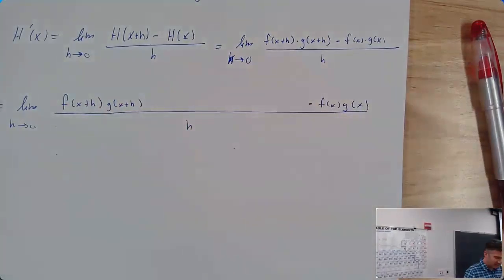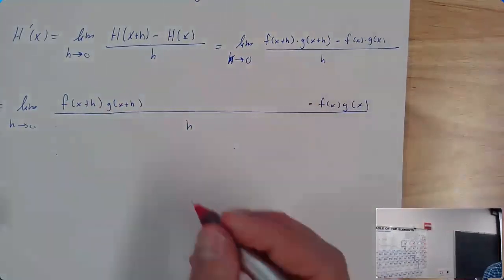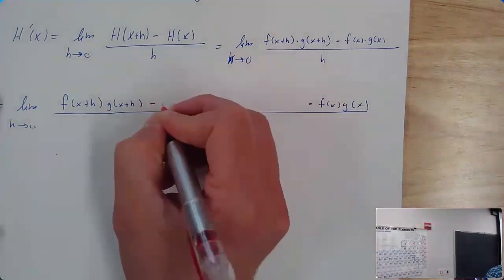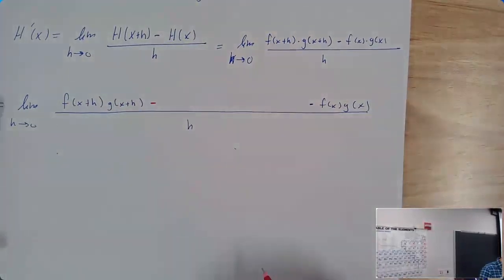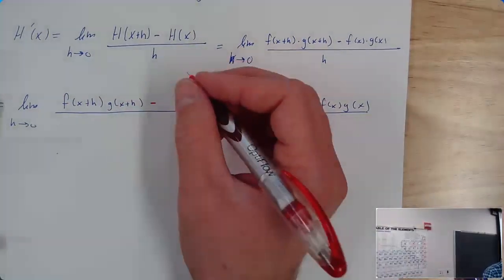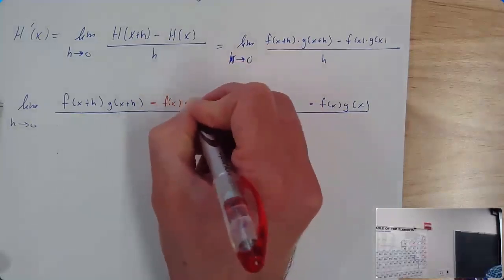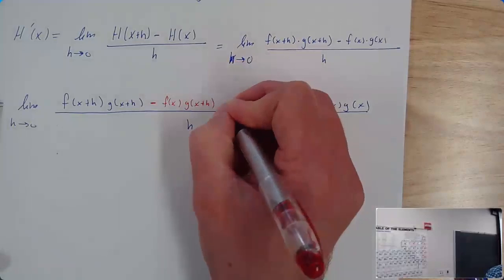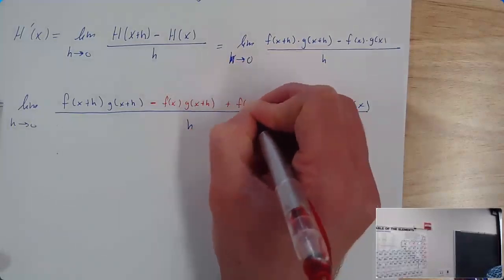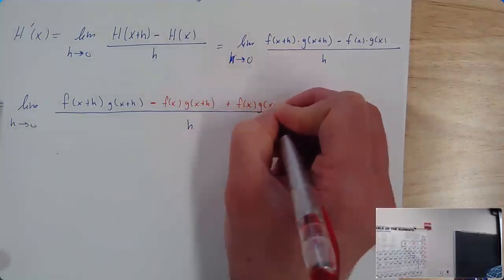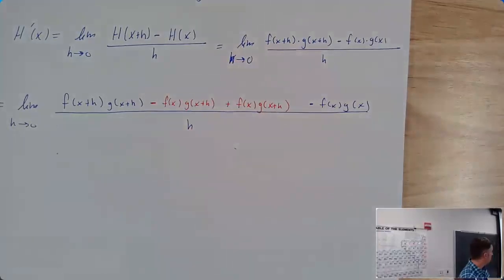And now we're going to add and subtract the same thing. So we're going to subtract off f of x times g of x plus h, and we're going to add back the same thing, f of x times g of x plus h. We didn't change it. Still the same. But now we're going to group things together in a very specific way.